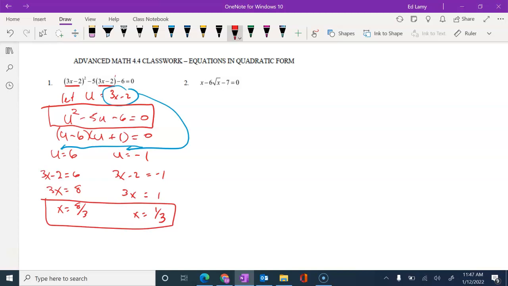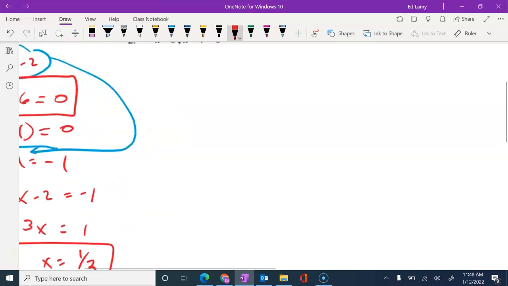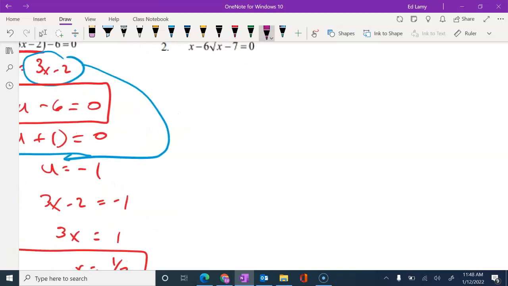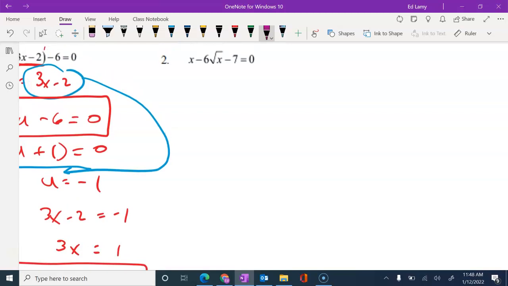So let's see if number 2 has the same situation. Do these two terms differ by a degree of 2? Well, whether you know it or not, the square root of x is the same as x to the 1/2 power.